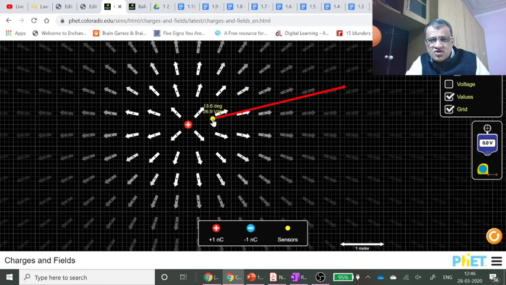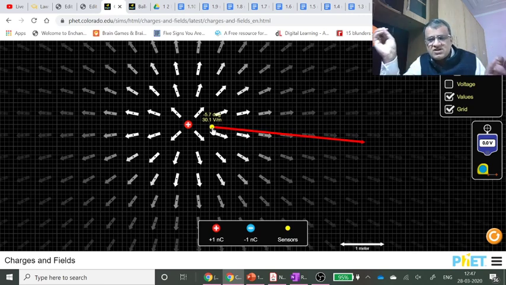Then you get it close, 20, 36, 47, 51. Do you see 60? The field increases as you get nearer, and you see the size of the arrow is increasing. So the size of the arrow gives you a visual impression of the magnitude, and the direction of the arrow gives you the direction of the electric field.